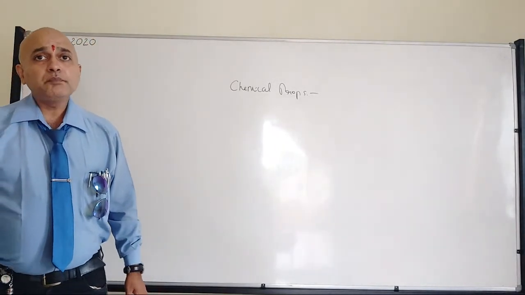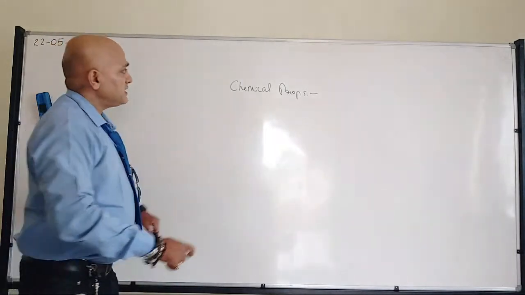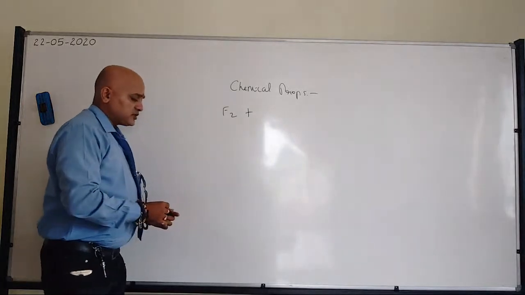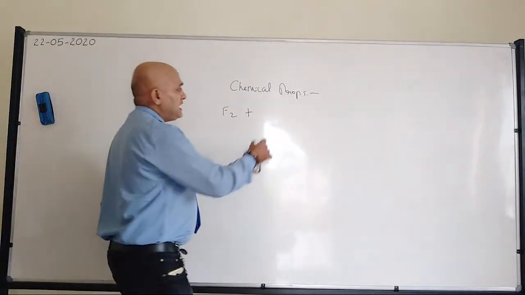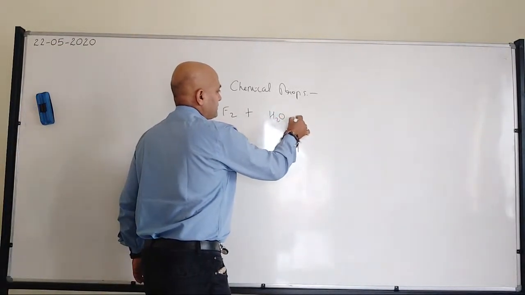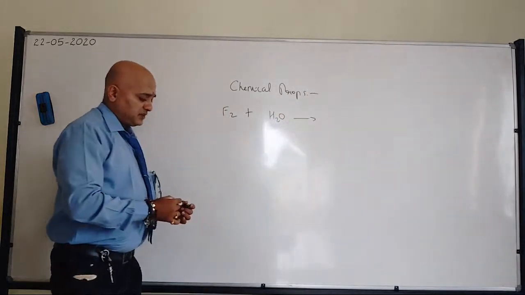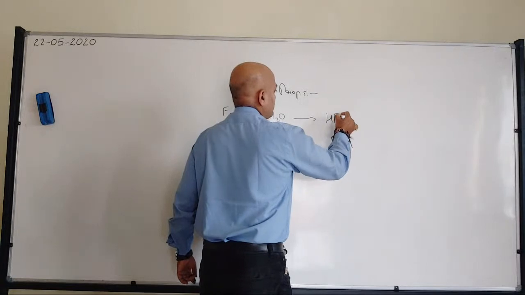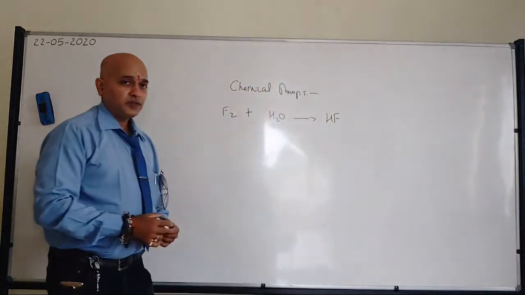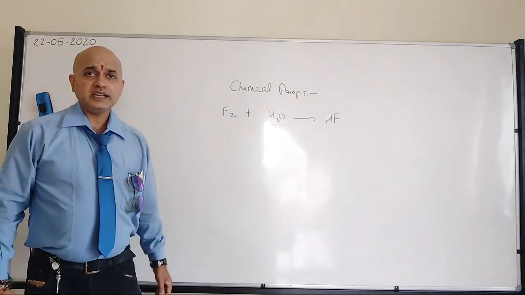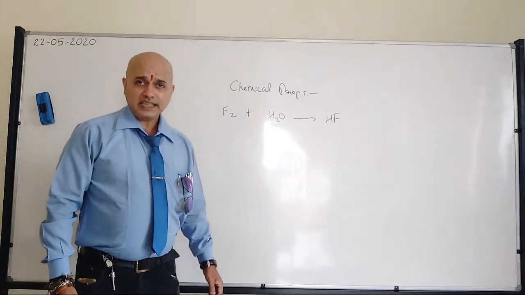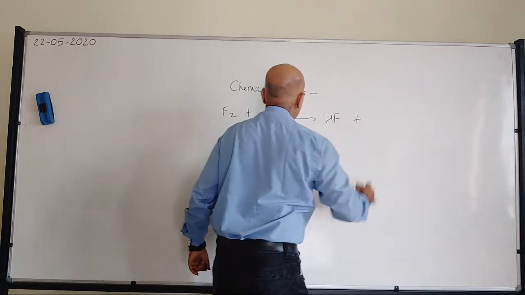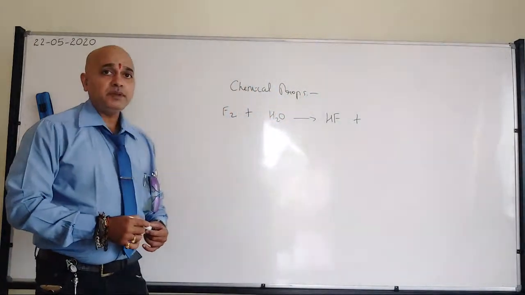Now, one of the very important ones here is when fluorine reacts with water, the product will be hydrogen fluoride. Normally hydrogen fluoride will be in dissociated form. It will be present as H plus F minus, but anyway, I have written it as hydrogen fluoride, and another product will be oxygen.